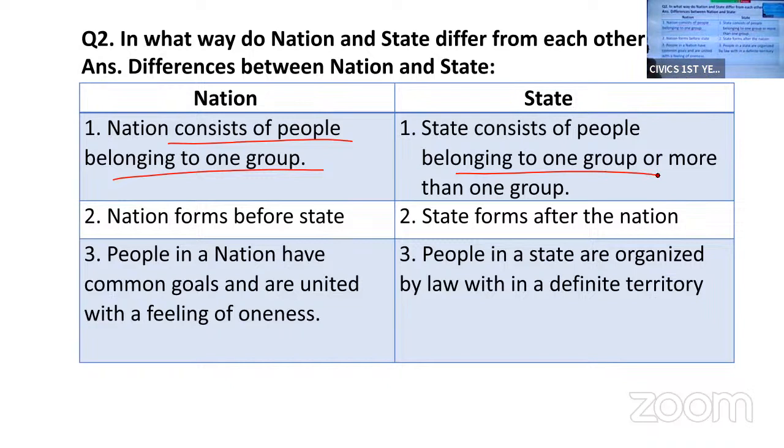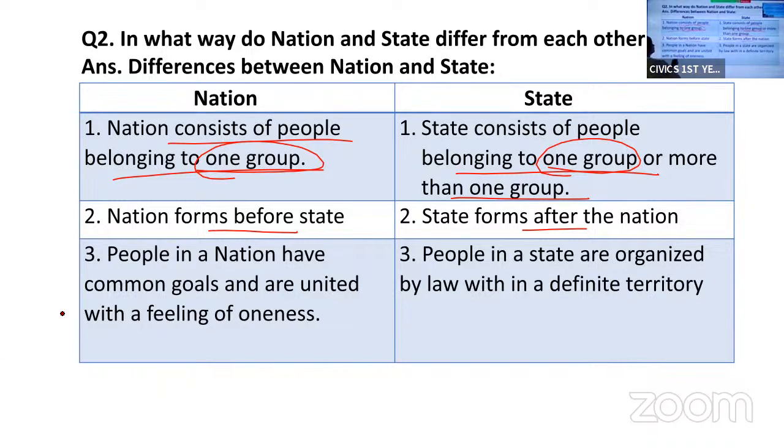So a nation will have people of only one group, but a state may have people of one group or more than one group. And the nation is formed before the state. The state is formed after the nation. So we can say the nation preceded the state.